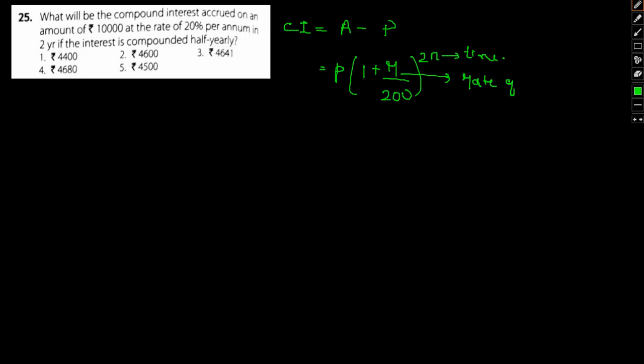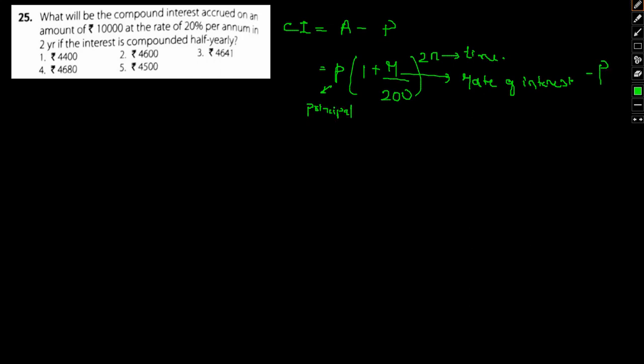Okay, so compound interest. What we can do is, if we talk about compound interest, we can say amount minus principal. The amount here will be P into (1 plus R), and since it's compounded half yearly, R by 200, to the power 2n, where n is the time, R is the rate of interest, and P is the principal.